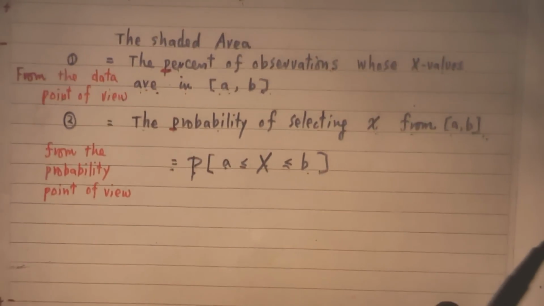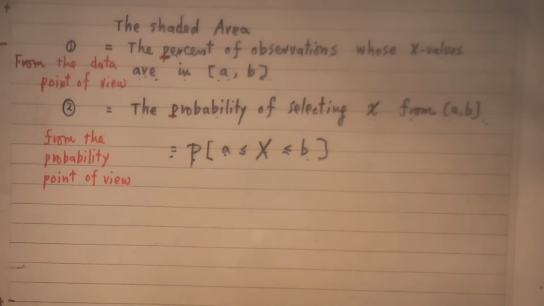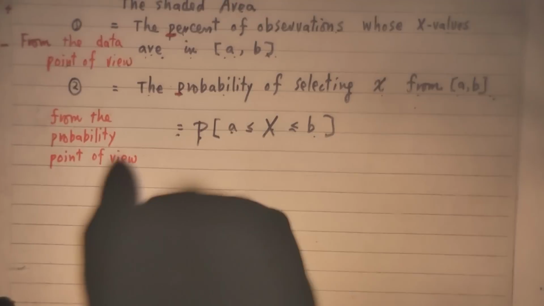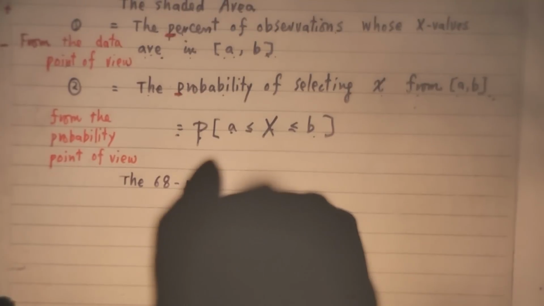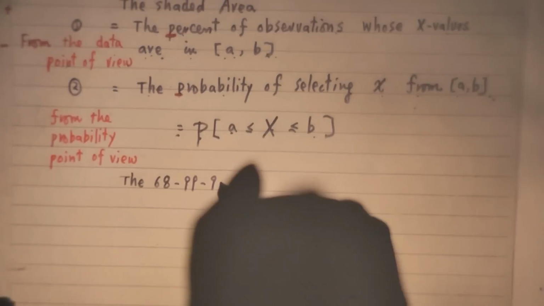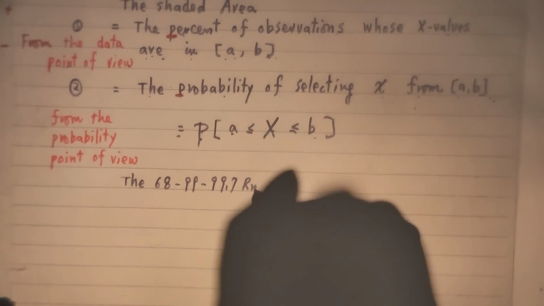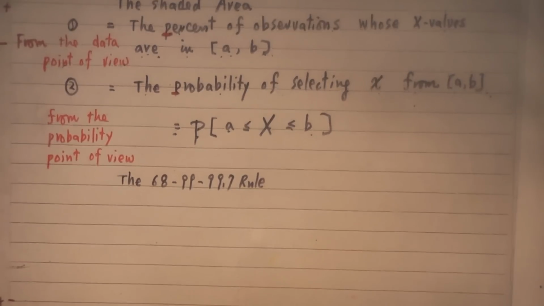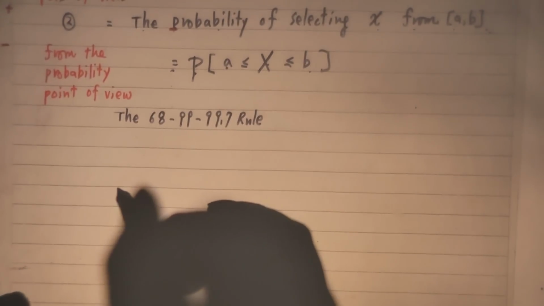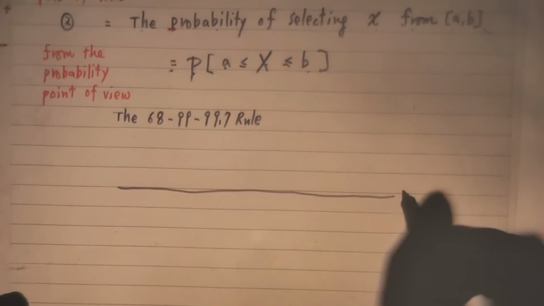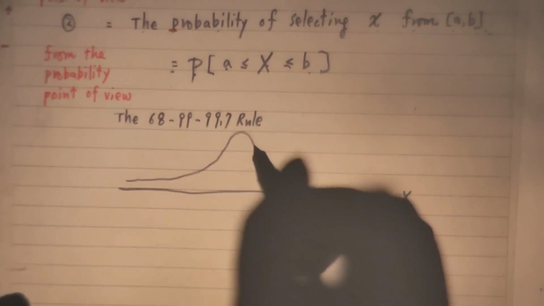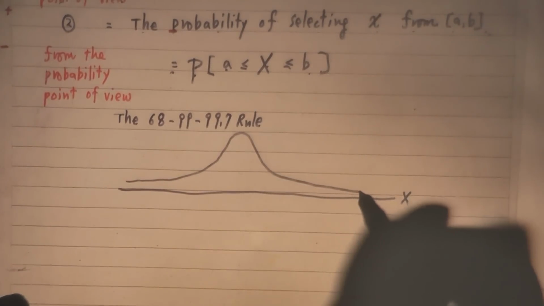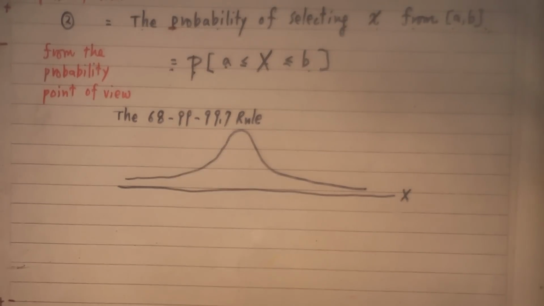Okay? Now let's look at the rule. The 68, 95, 99.7 rule. Say this is the variable of interest, and this is a normal curve, okay?